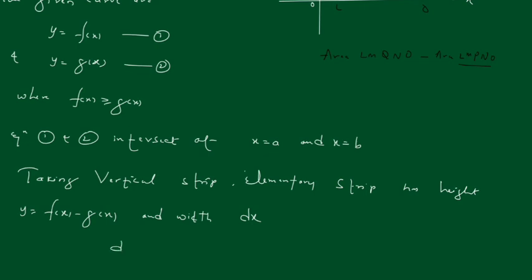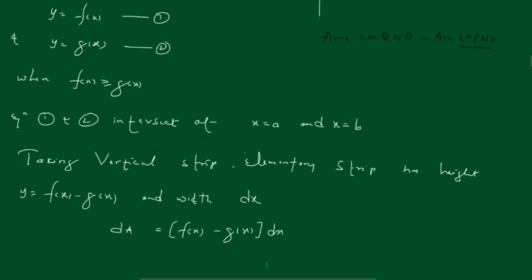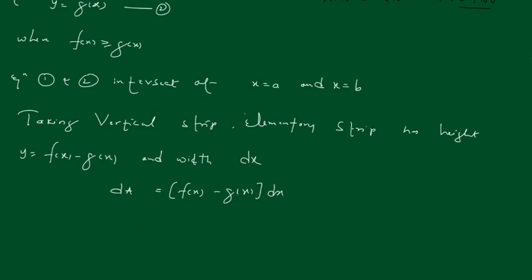So the area dA equals f of x minus g of x into dx. The total area A equals the integral from a to b of f of x minus g of x dx. Got it?